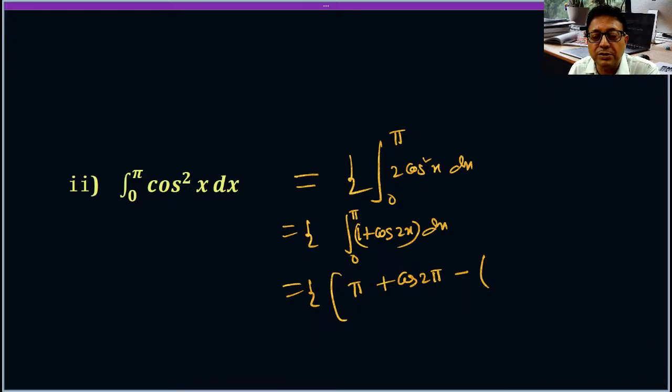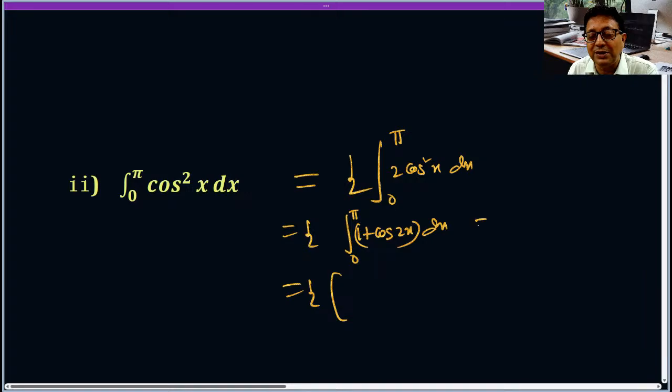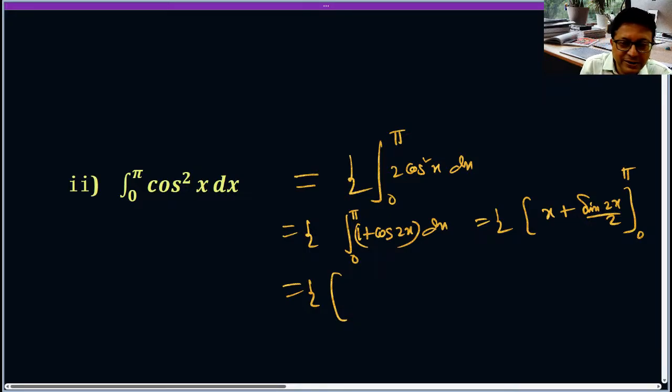Oh my god, we have to integrate first, no? Without integration we cannot do it. Integration of 1 is what? x, plus sin 2x by 2, 0 to pi. Alright?